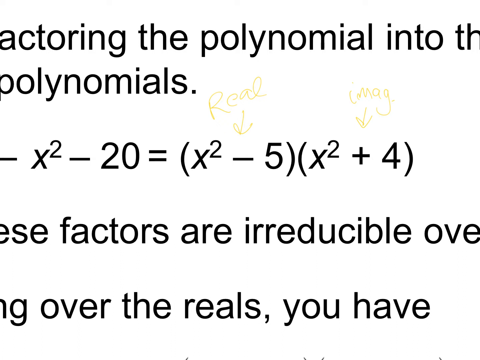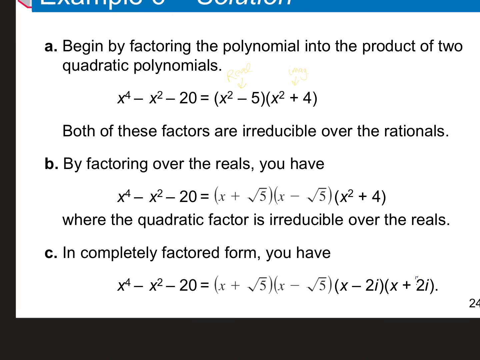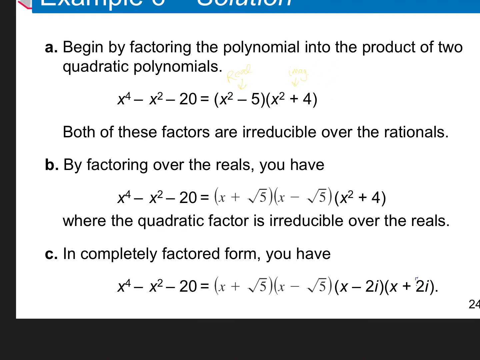When you move the 4 over to the other side, it becomes negative. And this happens because we're going to take the square root. So these two factors are irreducible over the rationals because you would get the square root of 5. That's not a rational number. It's a gross decimal. So you have to pay attention to what the directions are saying.